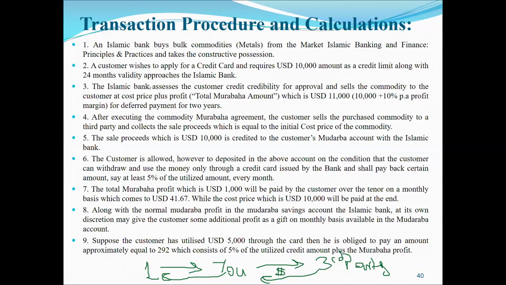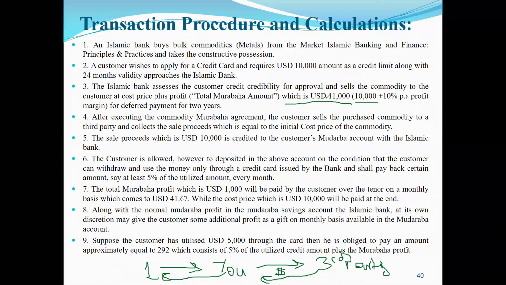Then the Islamic bank assesses the creditworthiness of that customer, whether the customer is capable or not. And based on the murabaha agreement, they tell you, okay, you will be entitled with murabaha to pay back $11,000 in 24 months. $10,000 is your limit, and 10% of this $10,000 will be the profit margin. So it is cost plus financing on the specific product that the bank is going to buy.